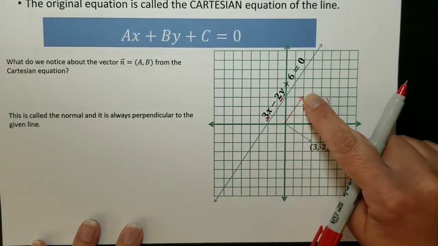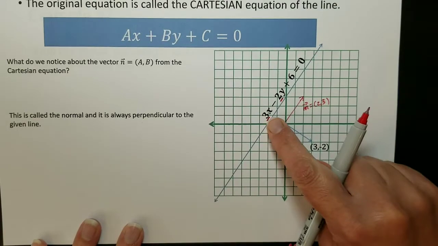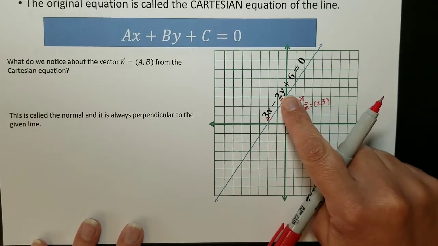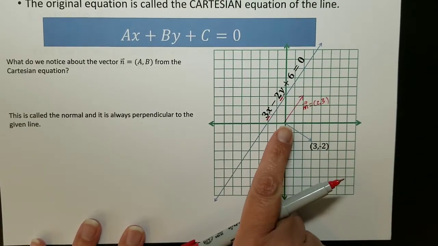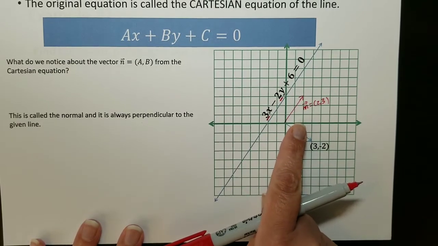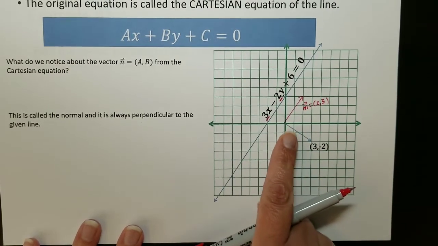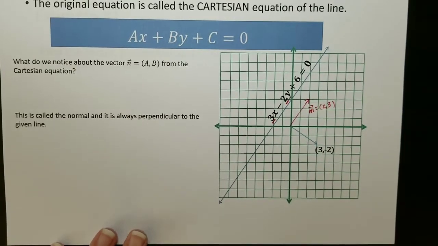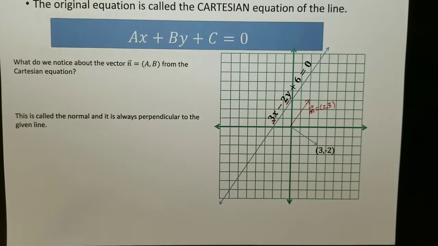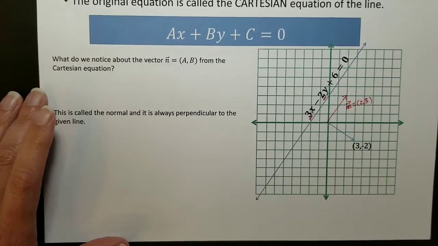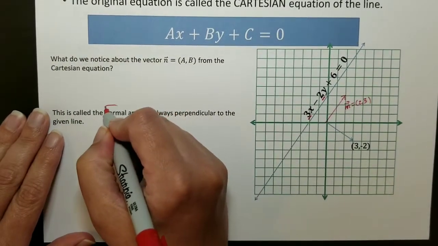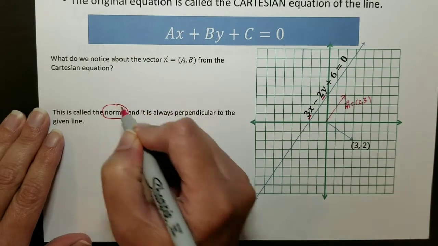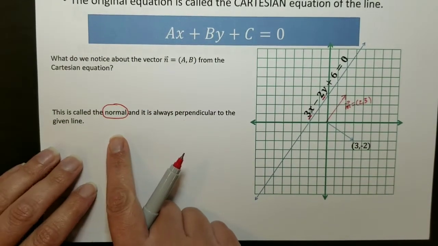So what do we notice about these? The direction vector along the line and the vector given by these coefficients. I hope that you guys can see, if you looked at the slopes or the measurements or even just eyeballing it there, these are actually going to be perpendicular. So that's an important term. The perpendicular vector is called the normal, and that's always going to be the case.